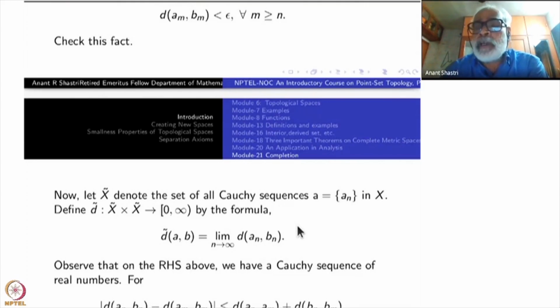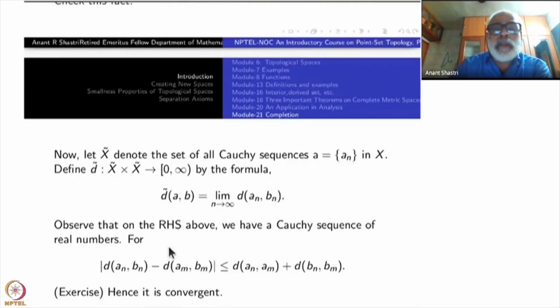Therefore, whether they are convergent or not, they are bounded. When both of them are bounded, this limit will exist. All right, so that is the whole idea. Otherwise, you can directly verify this.